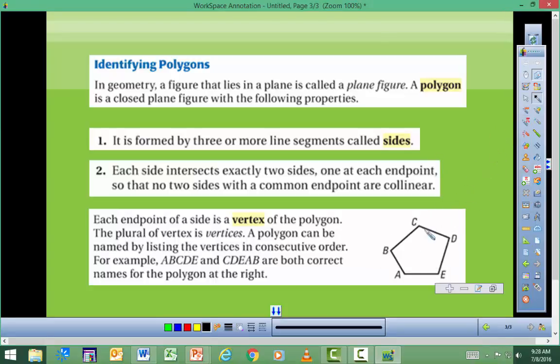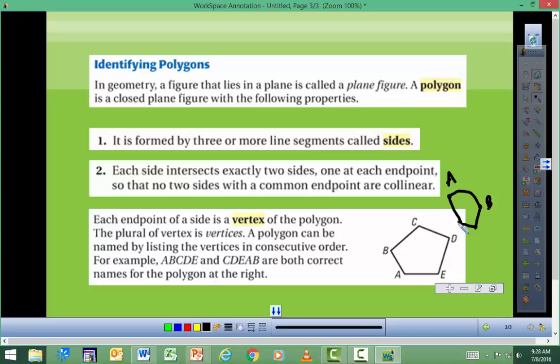And here's a good example of these two statements here. It's formed by 3 or more line segments. Okay, so notice the lines are always straight. We cannot have a polygon that does a curve like this, connecting, let's say that's A, and this is B, and then we have something going like this.